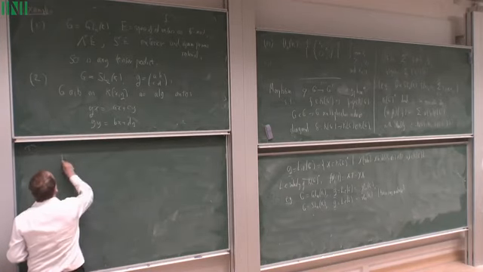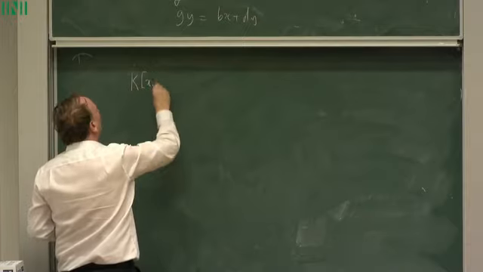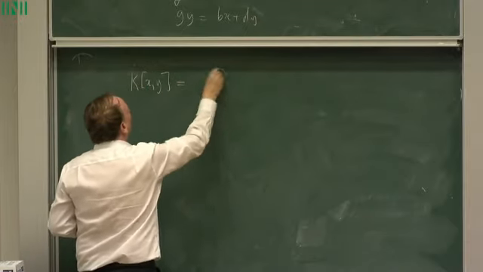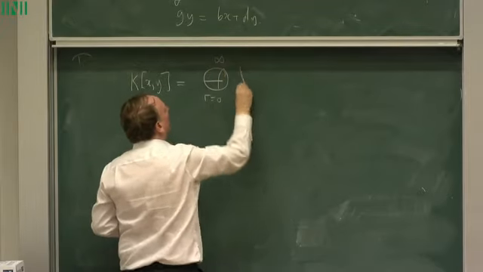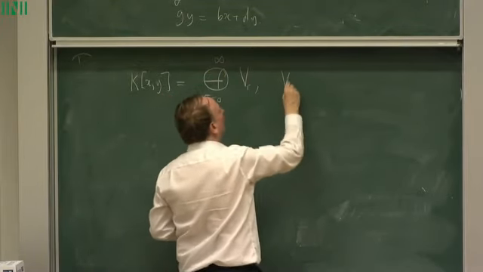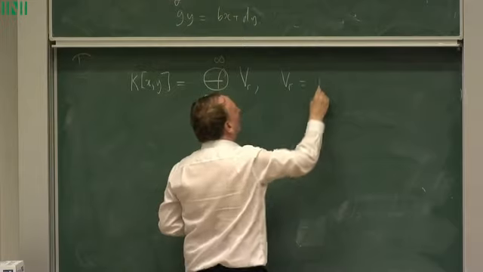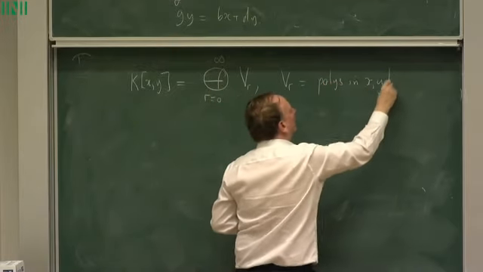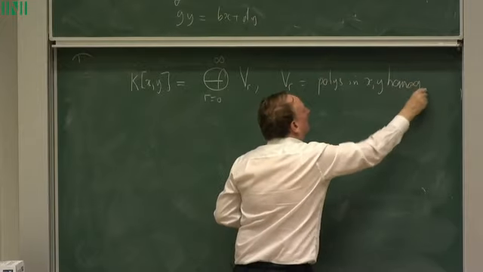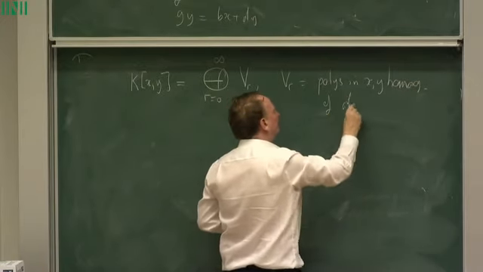The whole thing decomposes into its homogeneous parts. V_r is equal to polynomials in x, y, homogeneous of degree r.